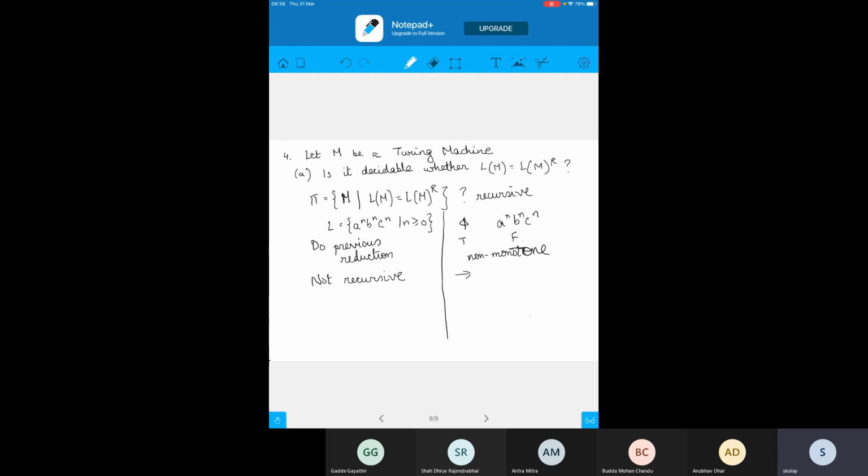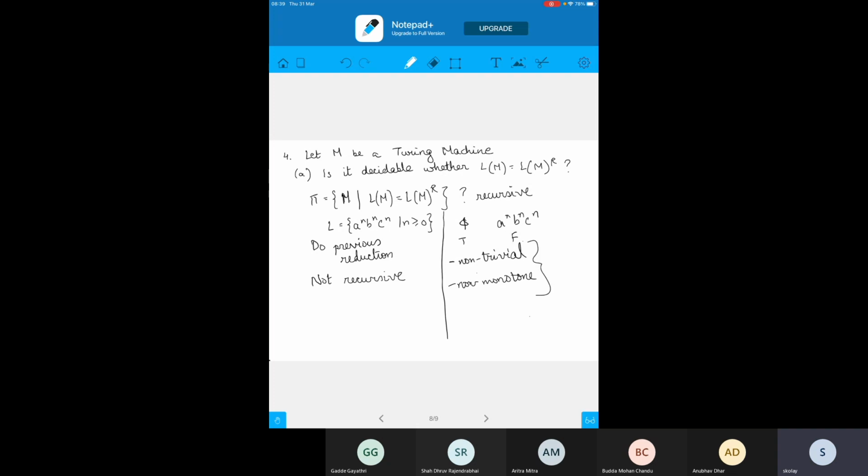So this actually shows that... let me just rewrite it again. The first thing that you show is that this is non-trivial, and second you show that it's non-monotone.